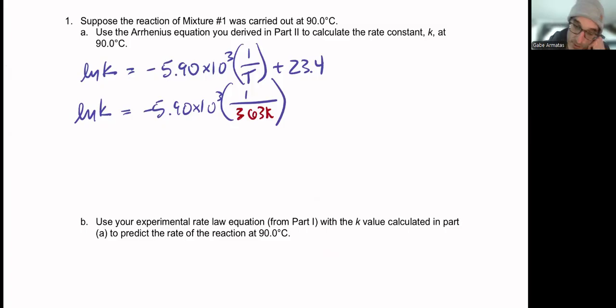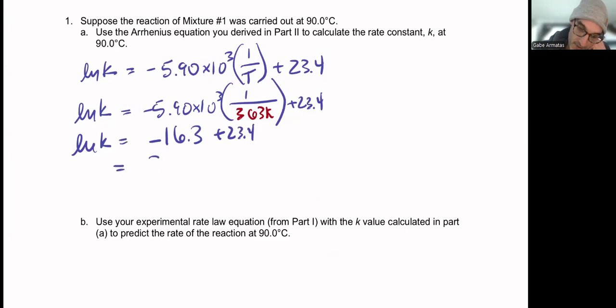Again, we need absolute temperatures. We can't have negative numbers, plus 23.4. And now we do the math. So natural log of K is equal to that first part. You should get negative 16.3. When you divide by 363 Kelvin, plus the 23.4.